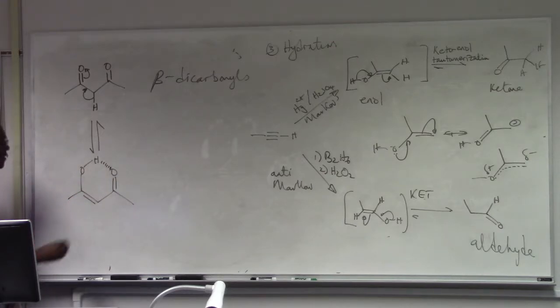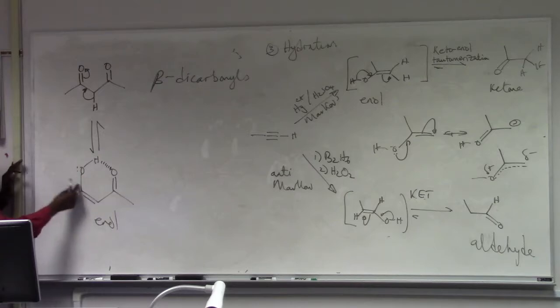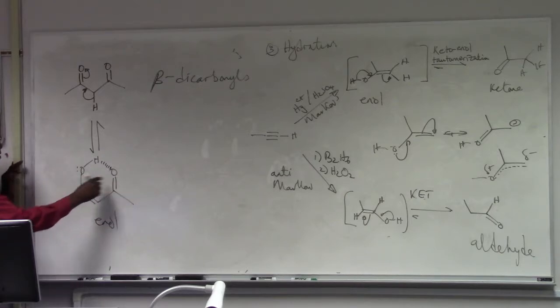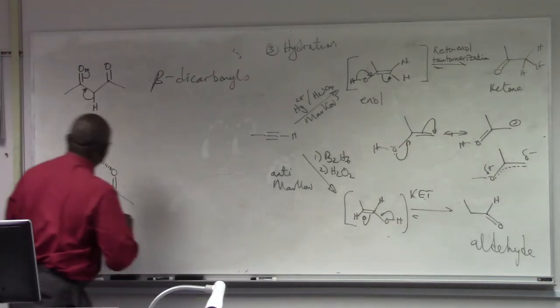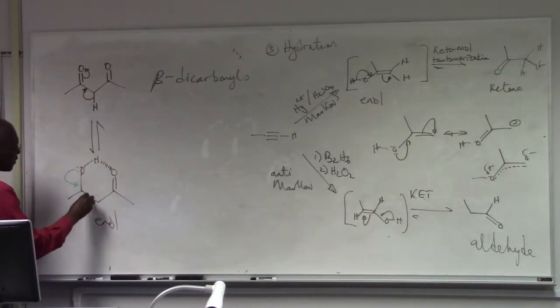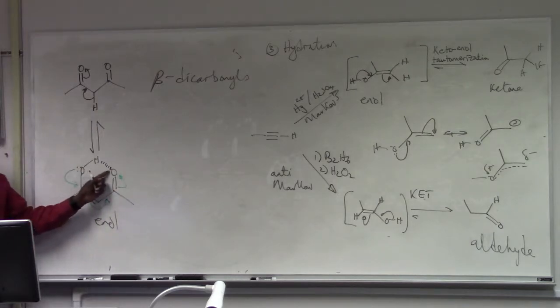And the reason the enol exists in such large amounts is because the double bond is stabilized by resonance, right? Because I've got a lone pair here, so I can go bang, bang, bang. So I stabilize the double bond in resonance. And I stabilize the OH group by intramolecular hydrogen bonding in a 6-membered ring.